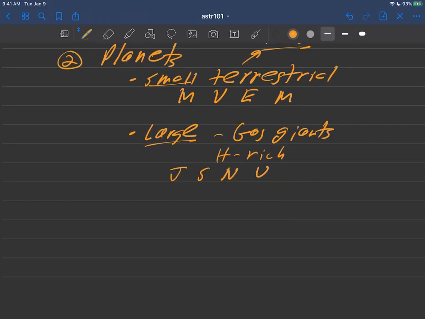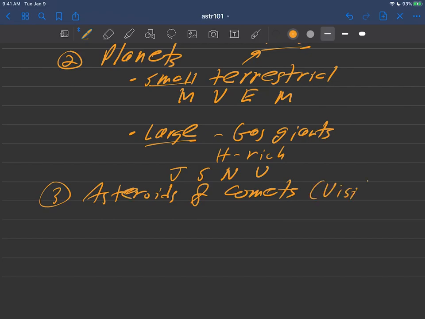Okay. The third category that the nebular hypothesis better attack for us here is asteroids and comets. I'll just call these visitors that we see from time to time.